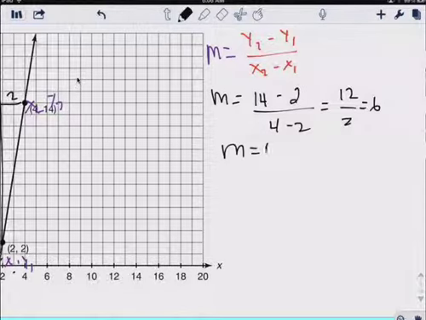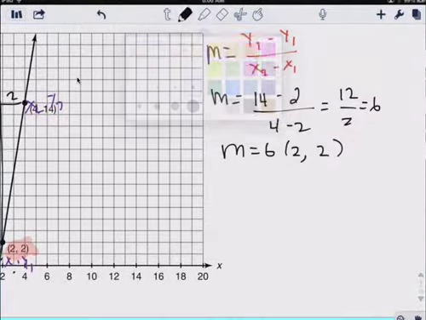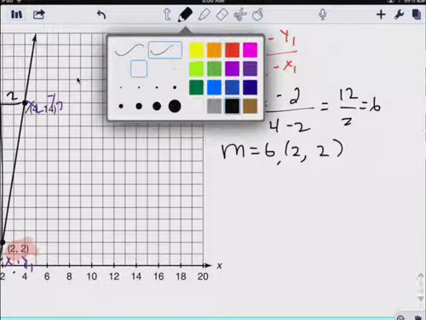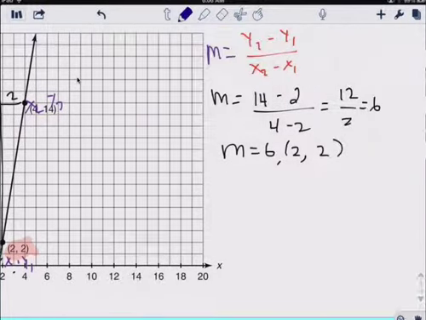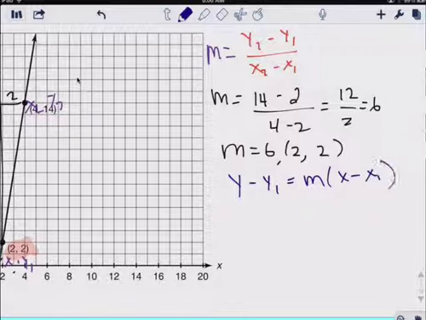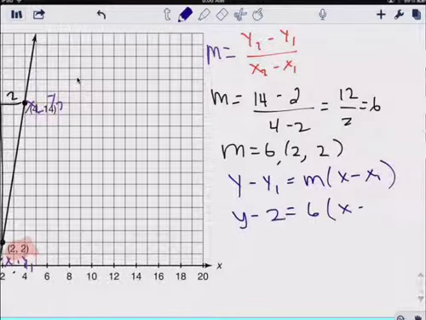So m equals 6. I'm going to use 2, 2 as my point. Put a comma here so we don't distribute. Y minus y1 equals m parentheses x minus x1. Point slope, y minus 2 equals 6 parentheses x minus 2.